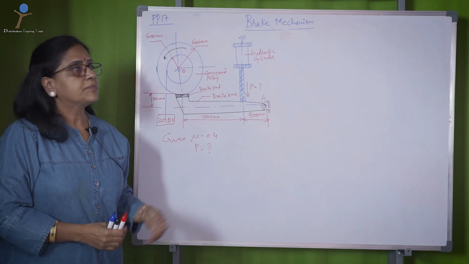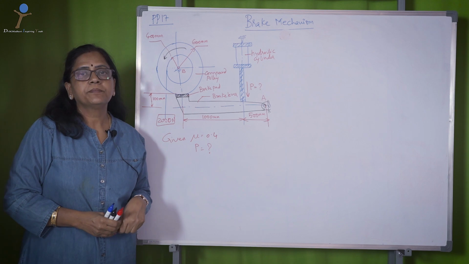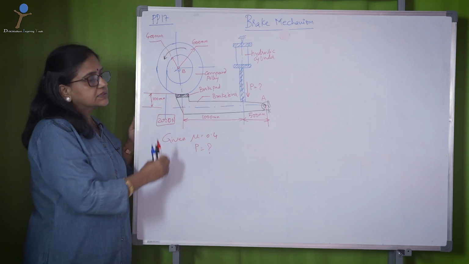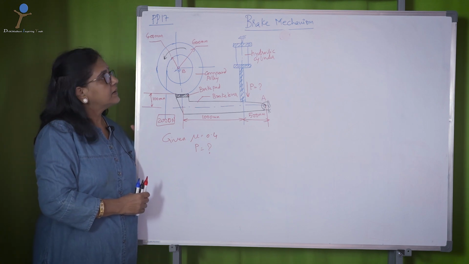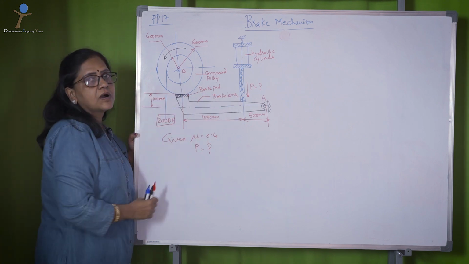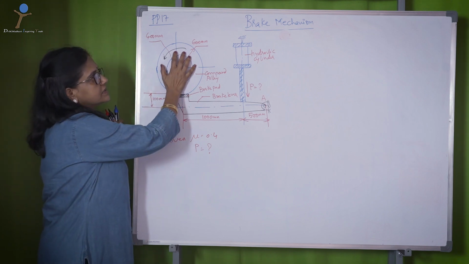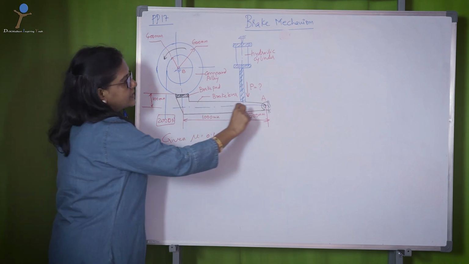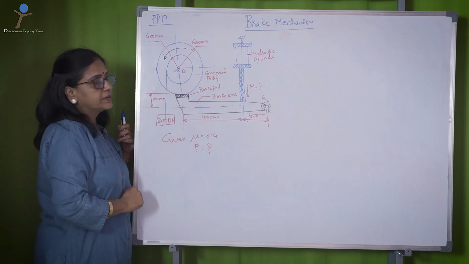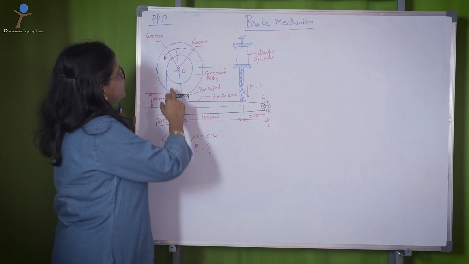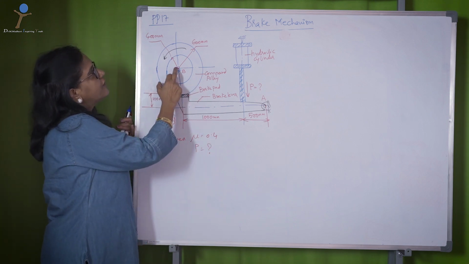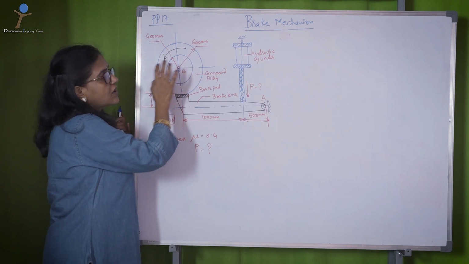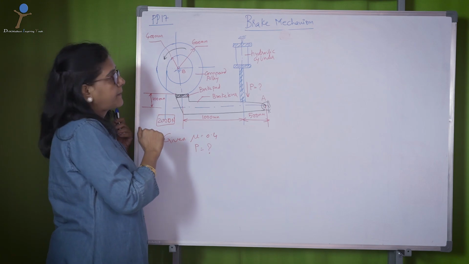Okay, let us discuss problem number 17, an interesting practical problem. Now, we have a braking mechanism in which there are three major components in the system. One is a compound pendulum, the second is the hydraulic cylinder, and the third is the brake lever. In the compound pendulum, you have two pulleys, a small pulley of radius 400 mm and a bigger pulley of radius 600 mm, which are concentric, meaning they have the same center of rotation.